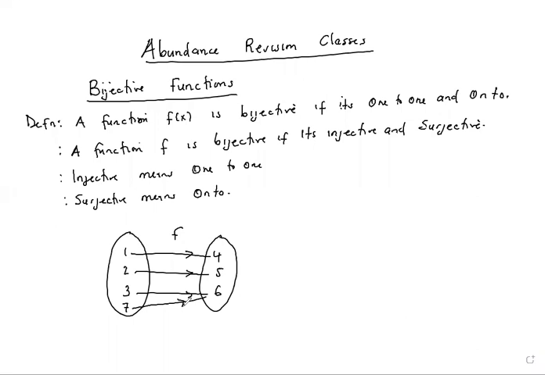Because we say it's onto when all the elements in Y have got inputs coming from X. If all the elements in Y are being mapped to some elements in X, then it's onto. Okay? One-to-one, we want to see an arrow from each of the left.